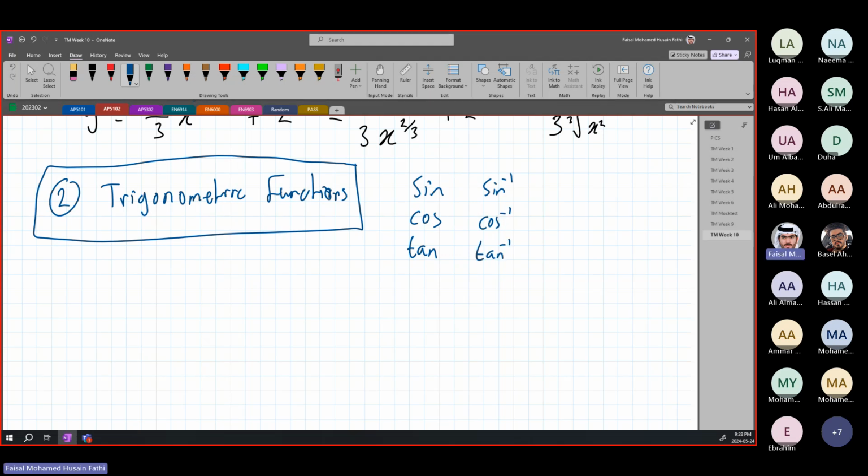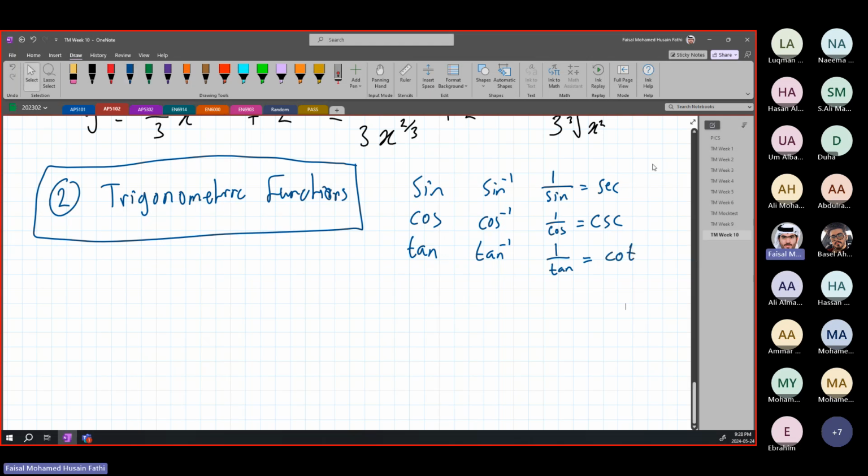And you have also 1 over sine, which is equal to secant. All right. And you have 1 over cosine, which is cosecant, given as CSC, cosecant. And then you have 1 over tan, which is known as cotan. Okay, so these are the trigonometric forms.